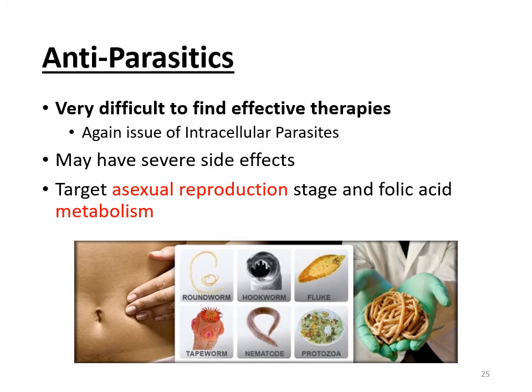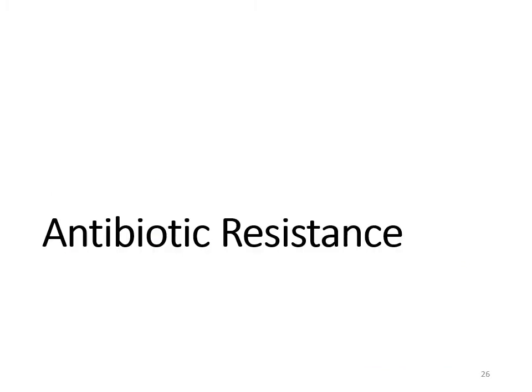The second most difficult will be antiparasitics. Next is antifungals. And then the easiest is bacterial. Okay, so the order is viral, parasitic, fungal, bacteria, from hardest to treat to easiest to target.